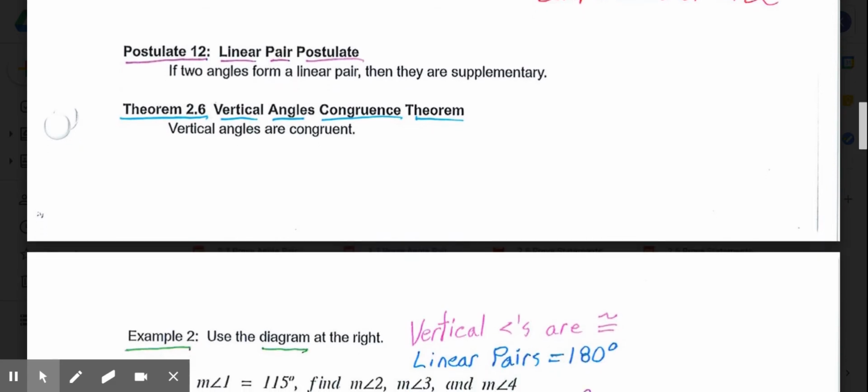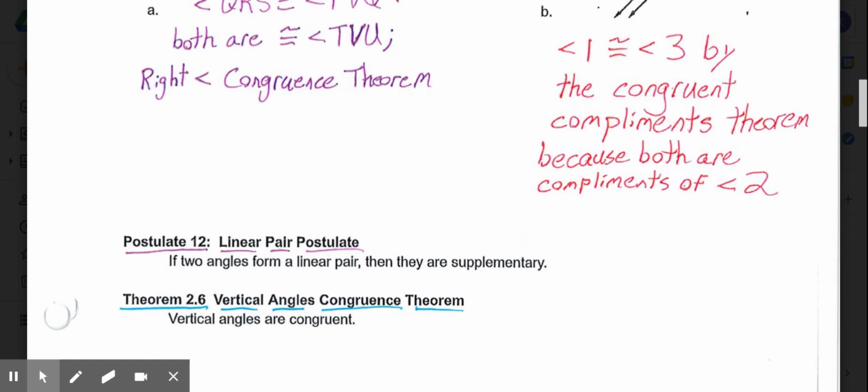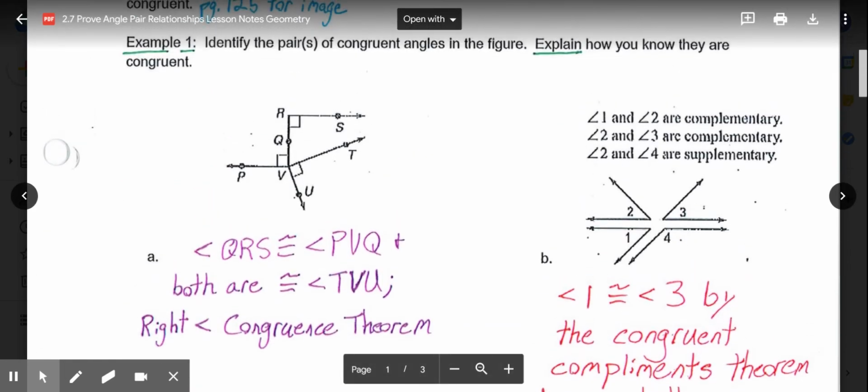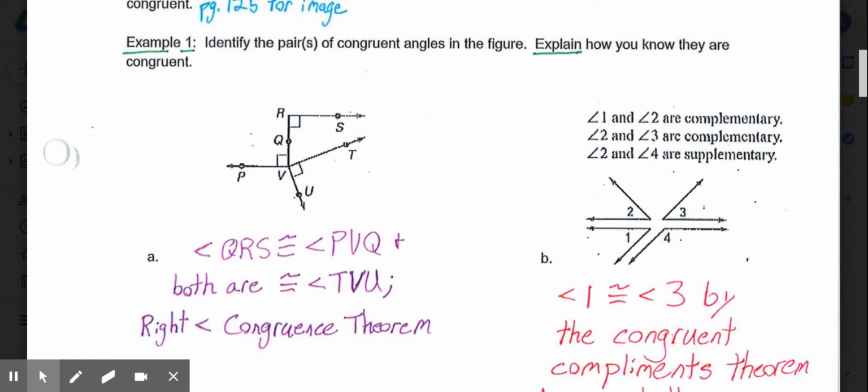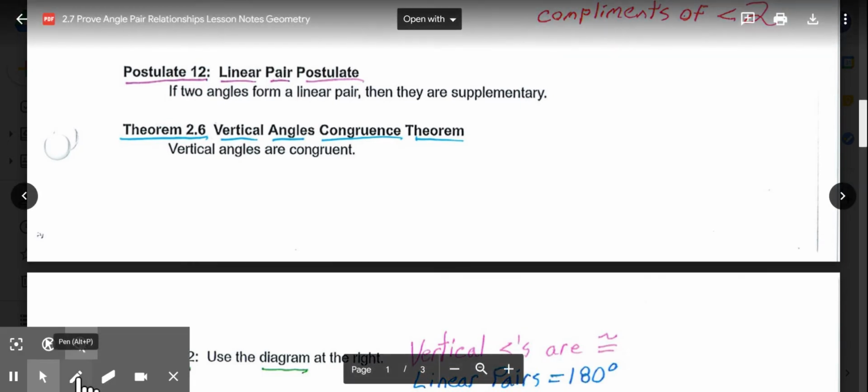Then we get into an additional postulate and theorem. Postulate 12 is the linear pair postulate. And simply put, if two angles form a linear pair, then they are supplementary. And remember, a linear pair would be two angles that create a straight line.